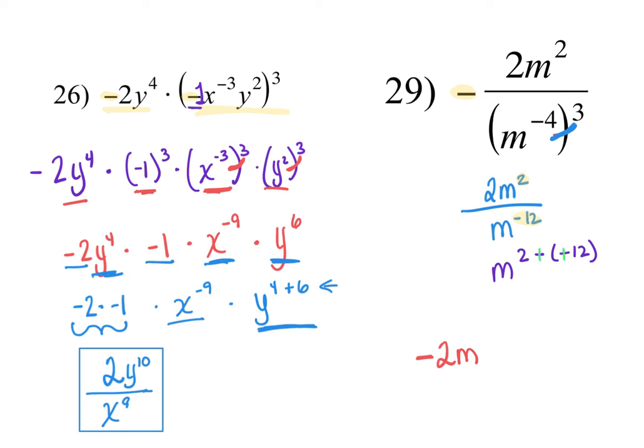Negative and negative makes plus a positive. 2 plus 12 gives me m to the 14th. And that is actually my answer here. I dealt with my 2, and I dealt with my m's. I kept my negative. Negative 2m to the 14th.